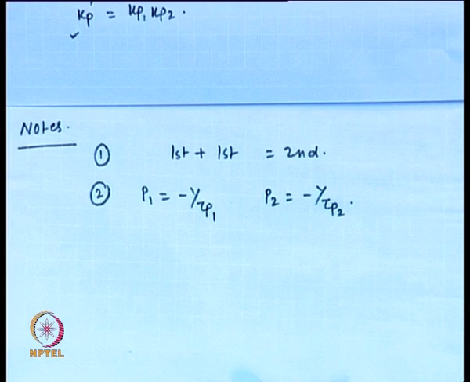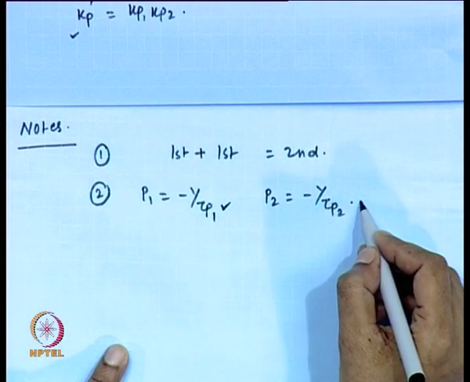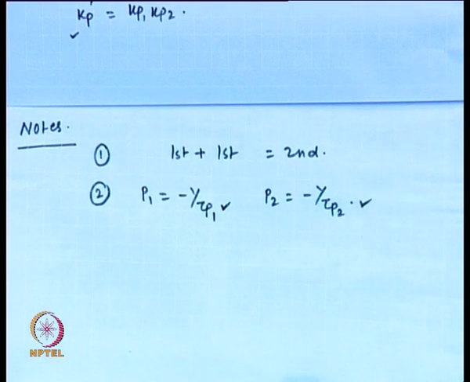If we see the overall transfer function G naught S, we have two poles, one is minus 1 divided by tau p 1, another one is minus 1 divided by tau p 2. So, what about the overall response? Overdamped or critically damped or underdamped? We have two distinct real poles.